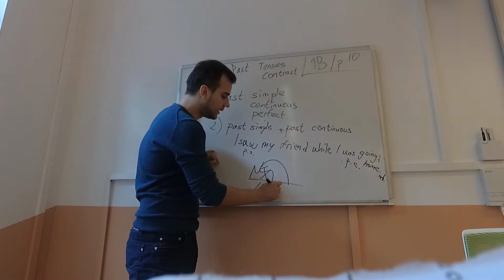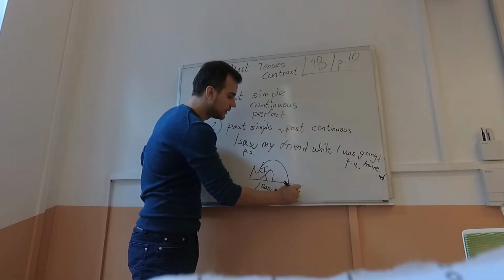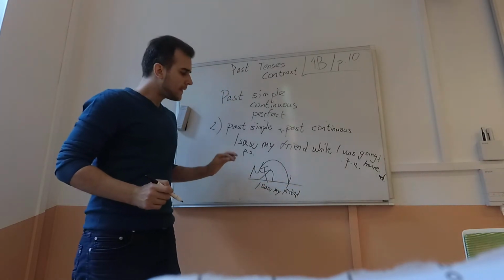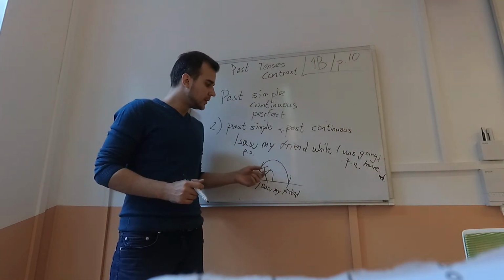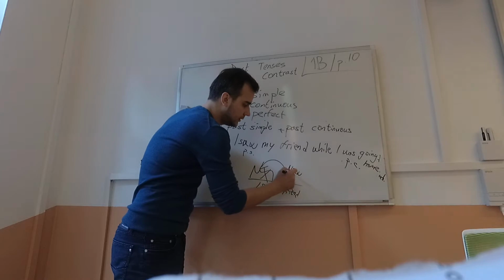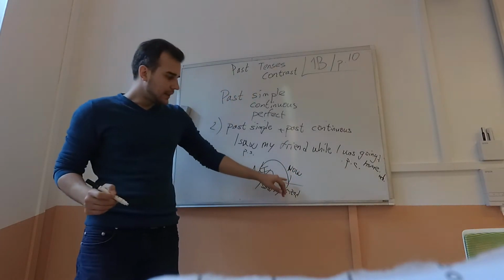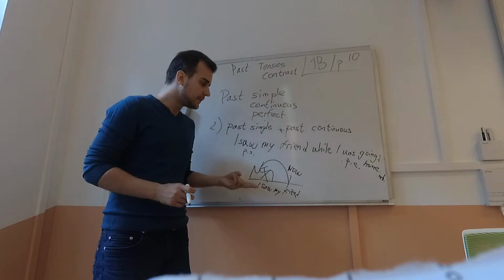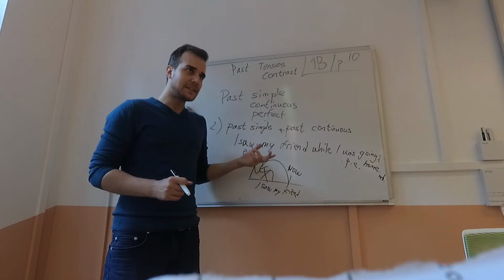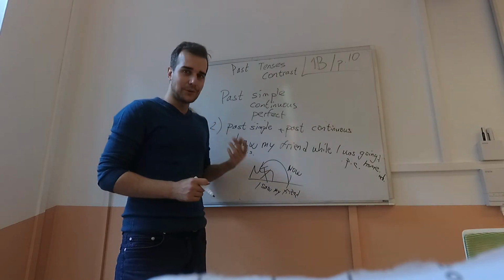I saw my friend. Don't forget, everyone, that at the moment I'm speaking, it is already finished. So I'm here, I'm in now, and I'm describing two actions in the past that are already finished. From the context, I can know when, but at least I know it's finished.